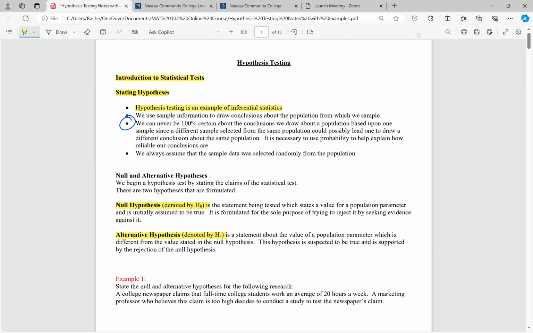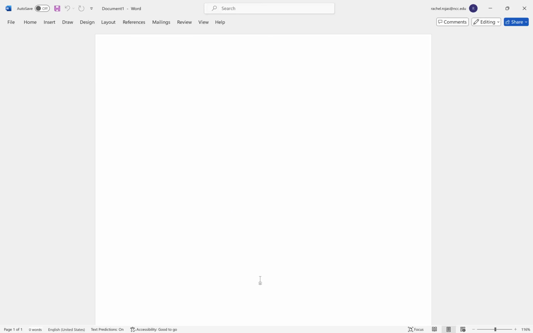So before we get into any examples, I like to parallel a statistical hypothesis test to a trial in the court of law because I think it's easy to understand that way. So let's say we have a trial in court, right? So imagine the TV shows you've seen, Law and Order, any movies, Dateline, 20/20, right?